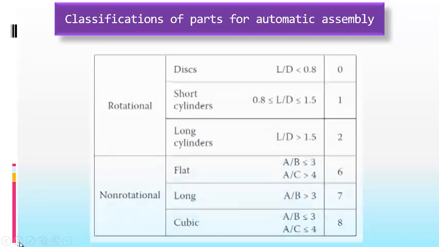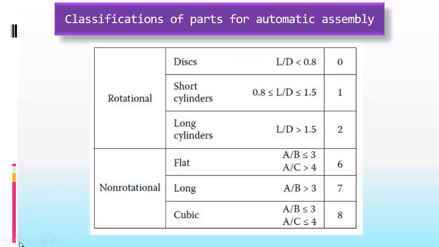Boothroyd started by classification of parts for automatic assembly, and classifies them as rotational and non-rotational. Rotational parts are disk, short cylinder, and long cylinder. Non-rotational parts are flat, long, and cubic.